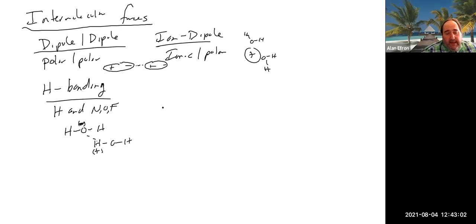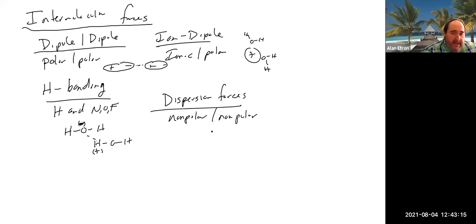We also talked about dispersion forces, and dispersion forces are really the forces between nonpolar molecules and nonpolar molecules. These are the guys that temporarily gain charges. So with a nonpolar molecule next to a nonpolar molecule, the electrons could all go this way, creating a temporary positive and negative charge.